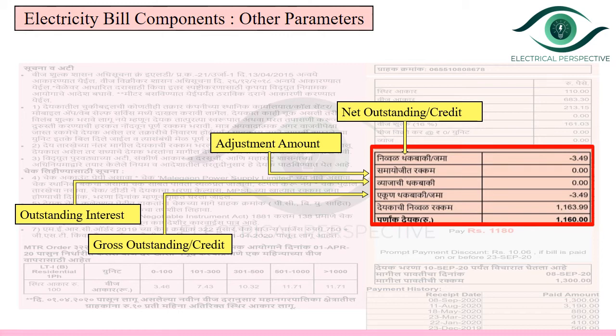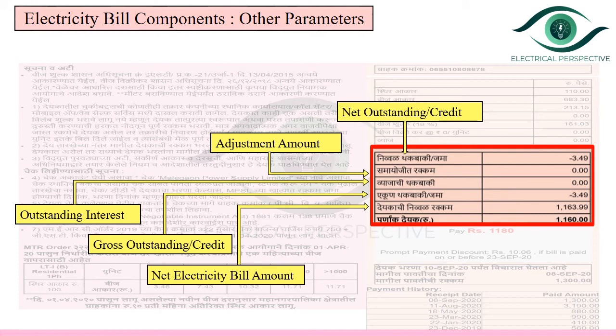It's the addition of net outstanding or credit amount, adjustment amount and the outstanding interest amount. Then Deyakache Nival Rakkam means the net electricity bill amount. It's the addition of current electricity bill and the gross outstanding or credit amount.